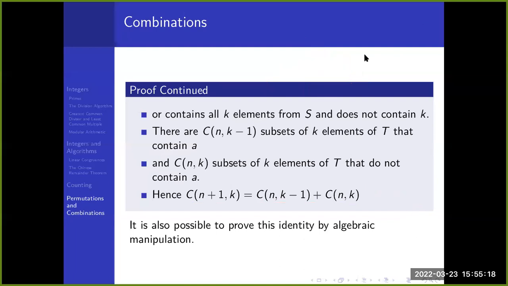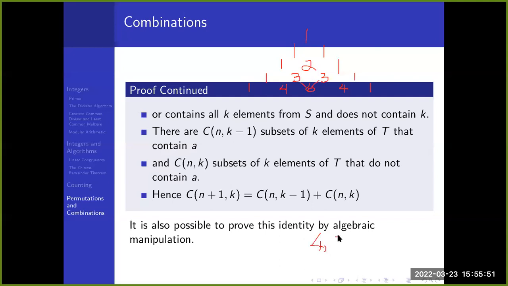Let me rewrite this properly. We have 1, 1, 1, 1, 2, 1, 1, 3, 3, 1, 1, 4, 6, and 4. So this is just Pascal's triangle. I was giving an example here that 6 is the same as 3 plus 3.